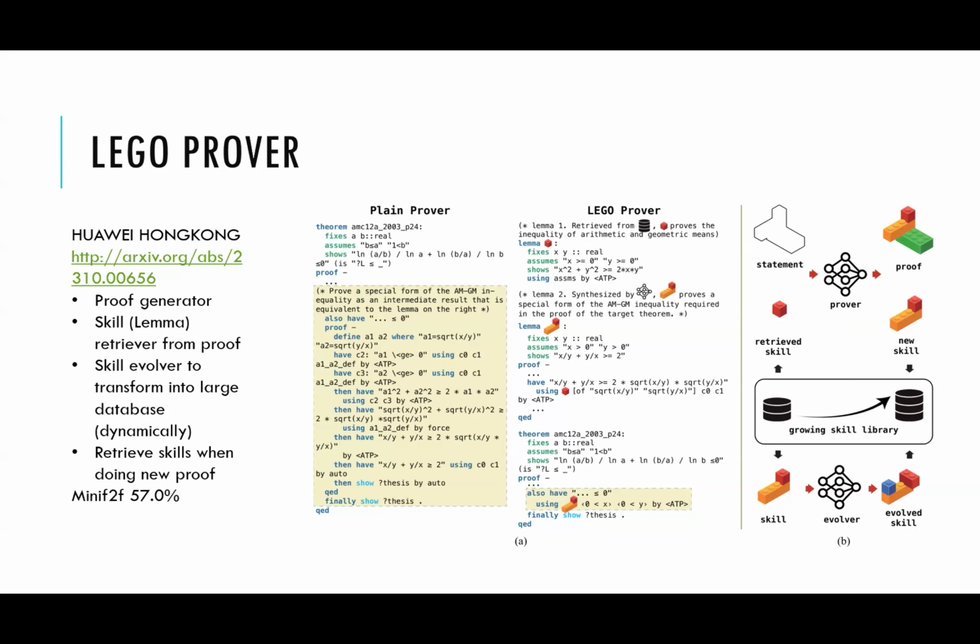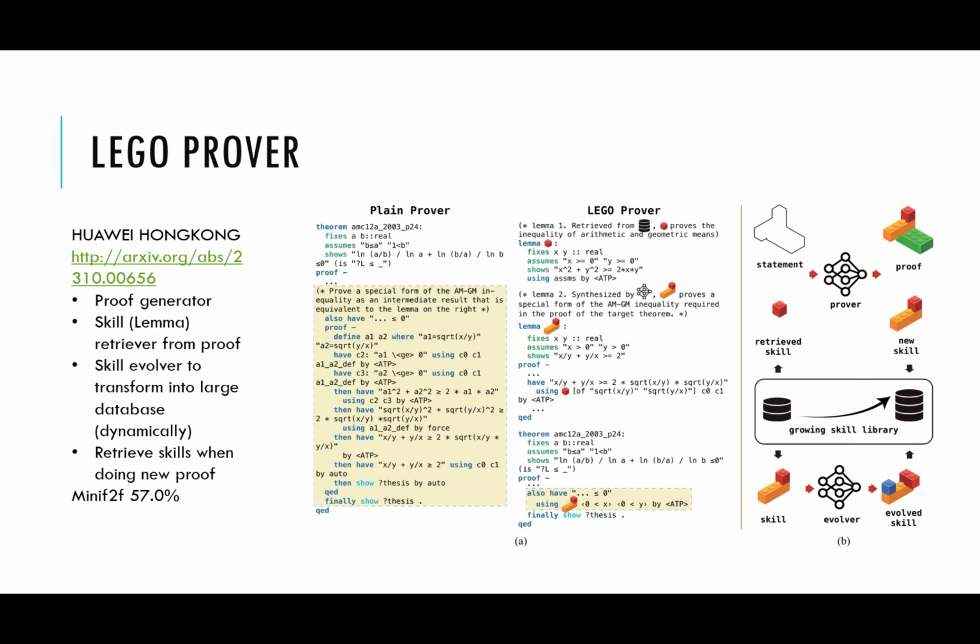They call these lemmas a skill set, which means some knowledge the model gets when it does the proof, and it will optimize this fraction of proof and insert these lemmas back into its data set, which means it will have a dynamically increasing database.